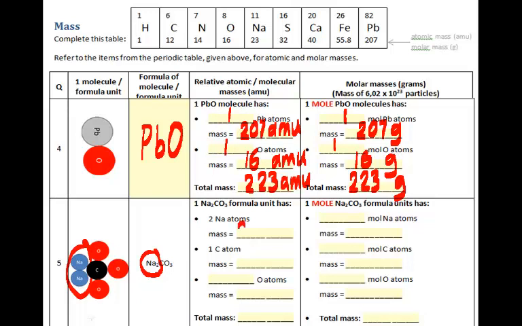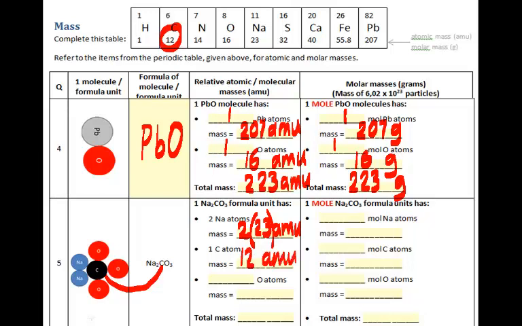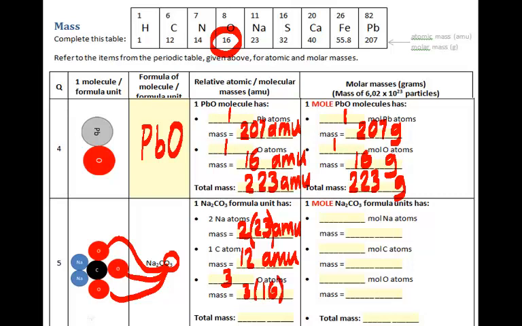So that's 2 Na atoms, each of which has a mass of 23 atomic mass units. And then there's 1 carbon atom, which has a mass of 12 atomic mass units. And then we have 1, 2, 3, that's why there's that little 3 down there, 3 oxygen atoms, each with a mass of 16 atomic mass units.